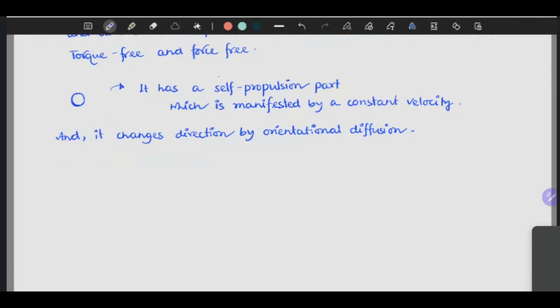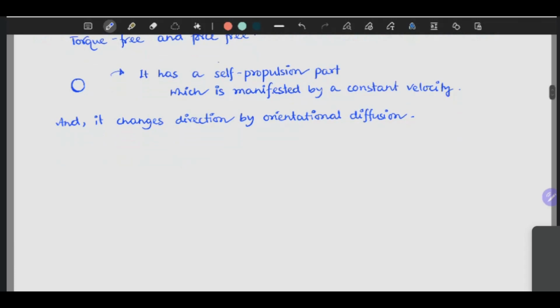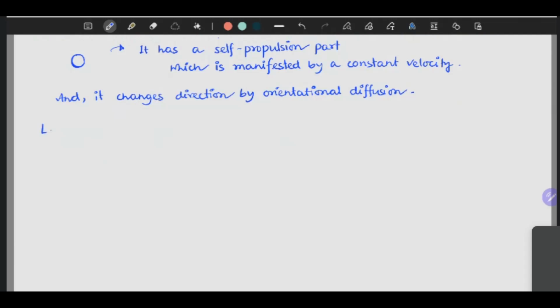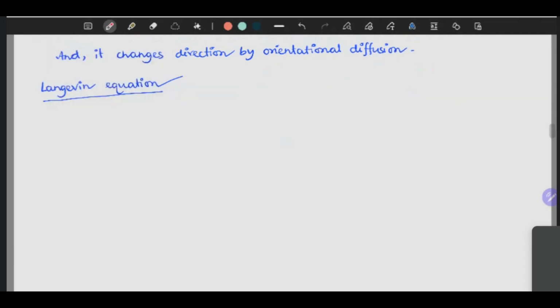So if you write the Langevin equation for this, I'm not going into the main details, I'm going directly to the Langevin equation. Let's say the inertial force is very much negligible.